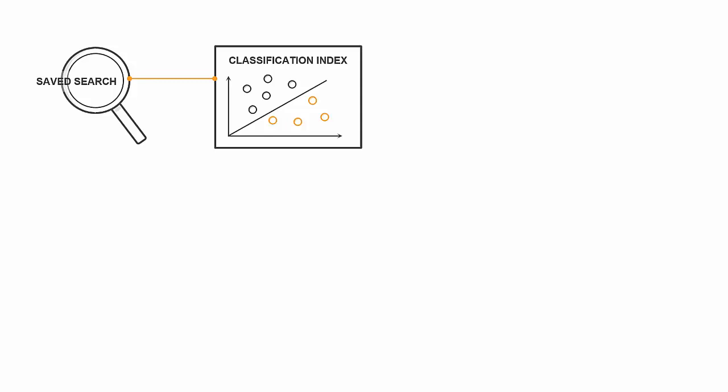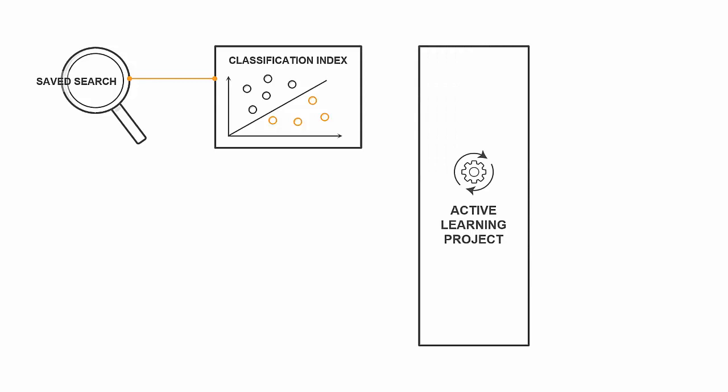It's a new type of analytics index, and we'll see a little more about that in the live demo. You'll build that classification index using the saved search that returns your project documents, and then you'll create an active learning project. You'll point that project to your classification index. There's a one-to-one relationship there, so a classification index can be used in just one project. So you create an index for each project.